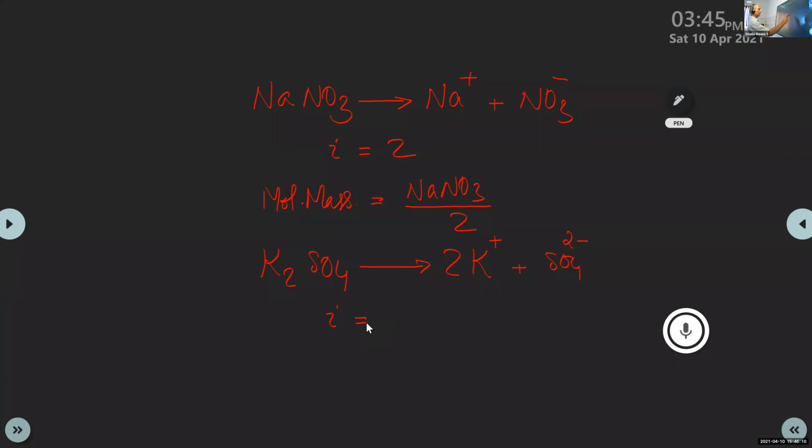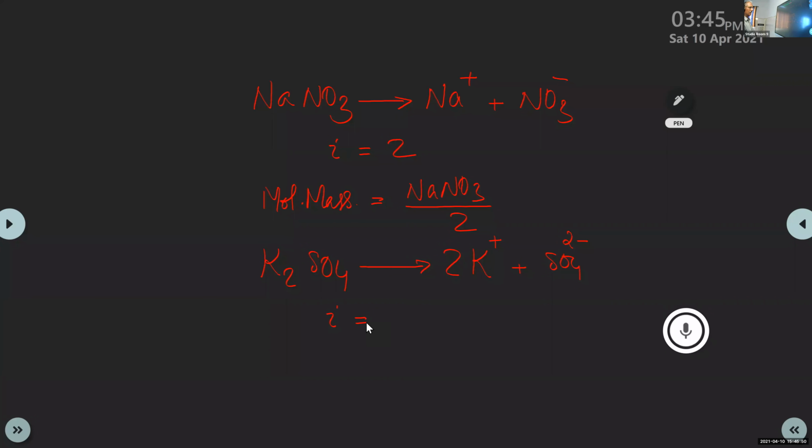Just go through sodium nitrate. From one molecule of sodium nitrate, we get 2 ions. Then Van't Hoff factor i is equal to 2. Clear? Now you come to K2SO4. K2SO4 ionizes. Suppose there is complete ionization. Then we get 2K+ and SO4 2- ions. So what will be the total number of ions produced? Come on, Vidur.